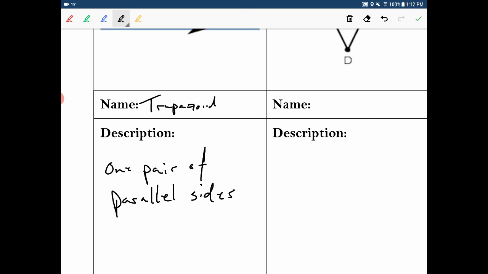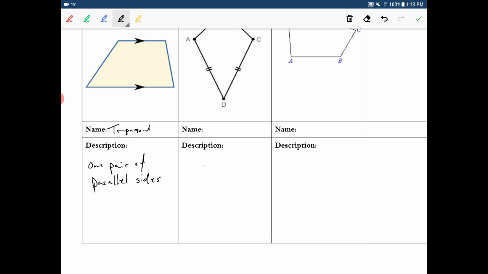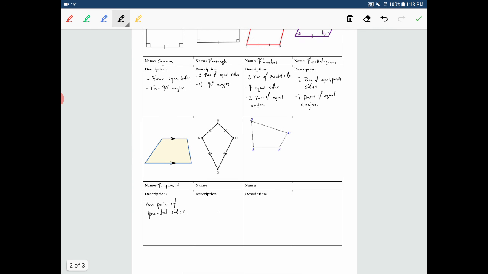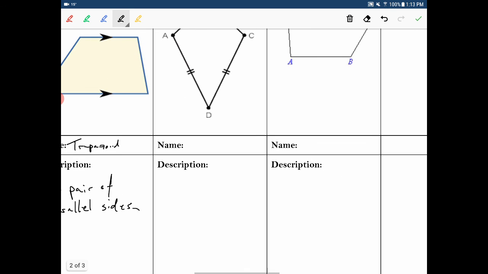You got 1 pair of parallel sides, you got yourself a trapezoid. Again, I could go through all the things, but a square would be a trapezoid, a rectangle would be a trapezoid, a rhombus, I think they'd all be trapezoids. But a trapezoid isn't necessarily any of those. As long as it's got 1 pair of parallel sides, you get yourself a trapezoid.